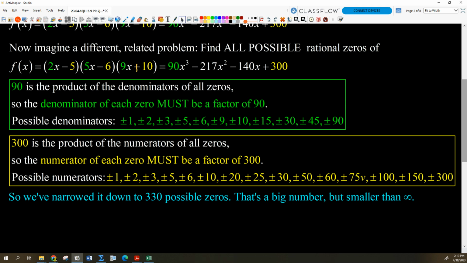And how did I get 330? 11 different denominators, times 15 different numerators. So that gives us 15 times 11 is 165, but they could be positive and negative also, right? So I've got to multiply that by 2.